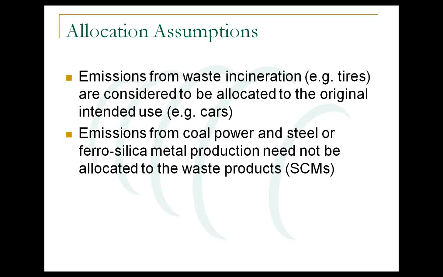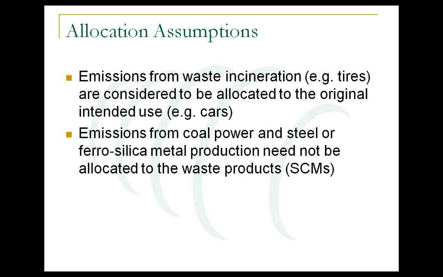There are also very important distinctions regarding allocation assumptions for upstream products. Specifically, things like emissions from waste incineration, let's say tires and other waste materials that are used for manufacturing cement, for example. You don't have to include the impacts from the original manufacturing process.